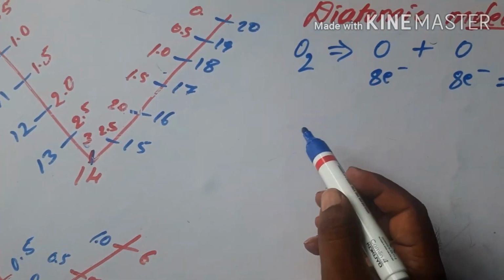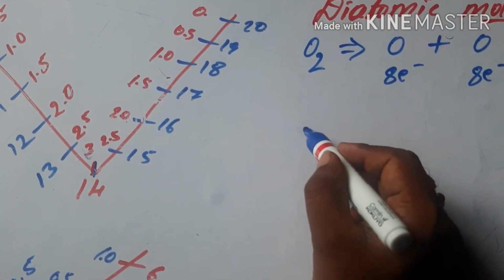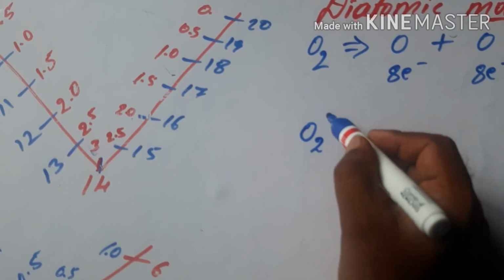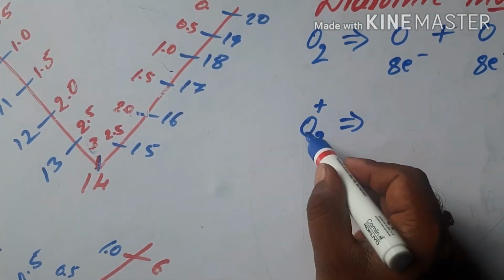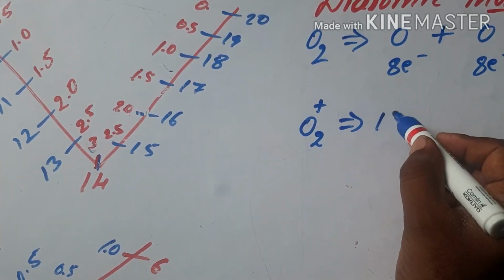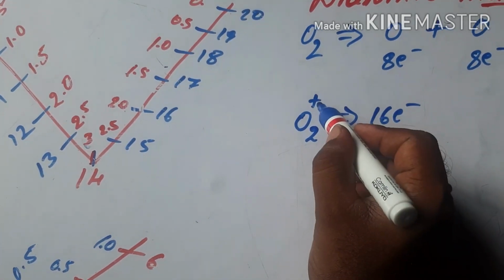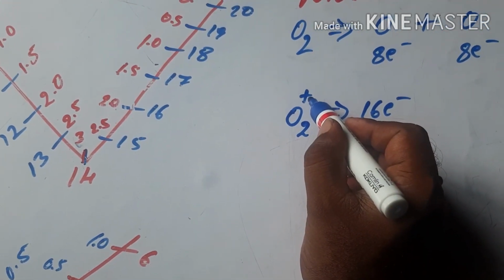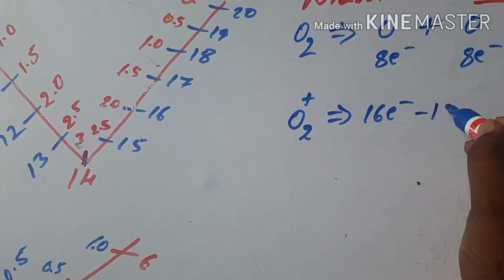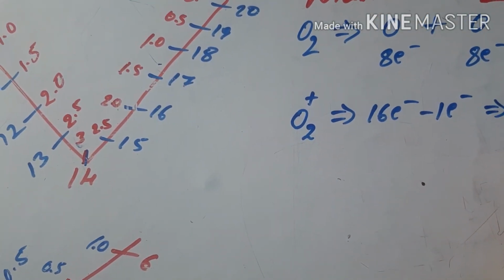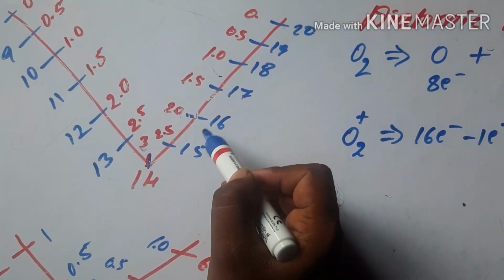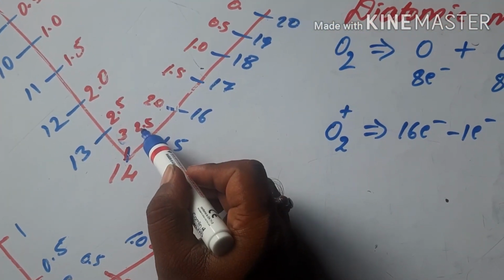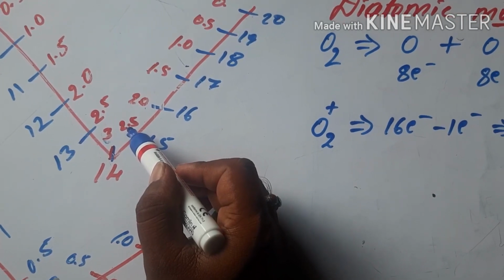For example, for O2 plus: O2 has 8 into 2, 16 electrons. Plus charge means 1 electron is removed, therefore 16 minus 1 equals 15 electrons. For 15 electrons, the bond order is 2.5.